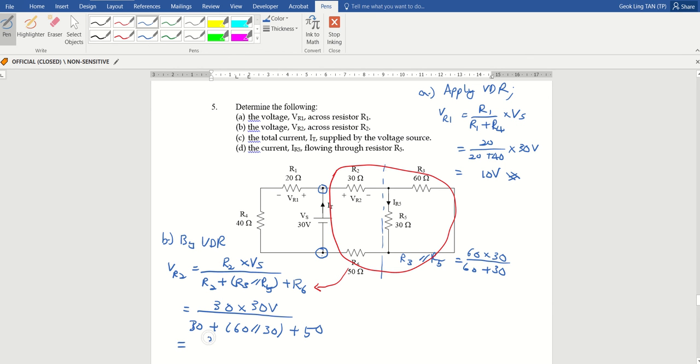It's 30 times 30 divided by, if you want to have more intermediate steps, 20 plus 50. So remember your volt, this is 30, that will give you 9 volt. You can have one more step before the 9 volt if you want to break it down. Okay, so that is 9 volt for VR2.